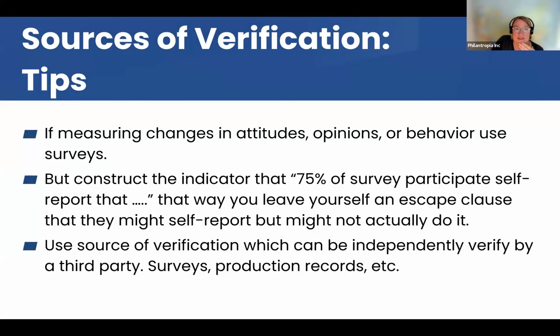Some final tips for sources of verification. If you want to measure changes in attitudes, opinions, or behavior, you can use surveys, obviously, because this is where you will be able to measure these kinds of changes.